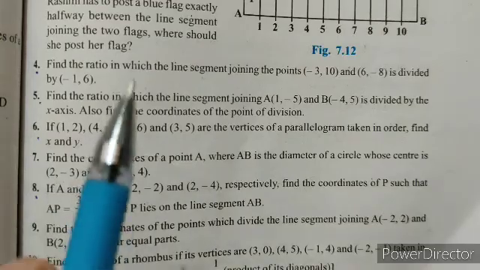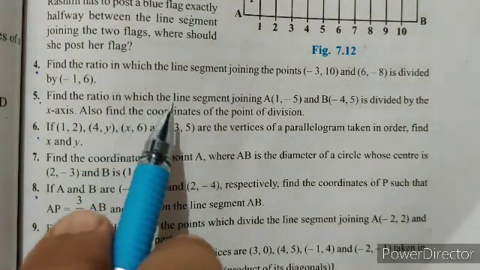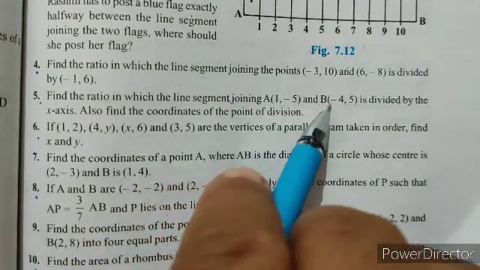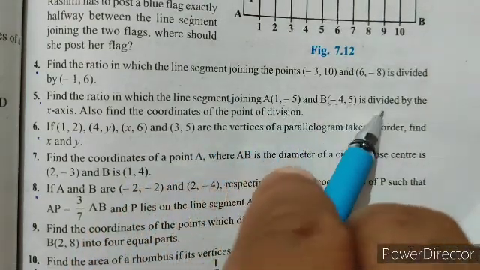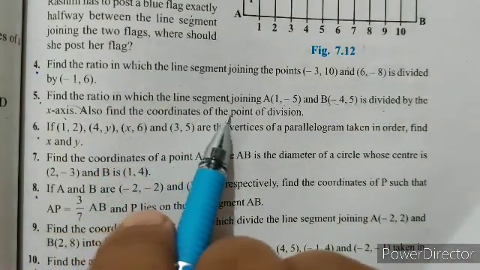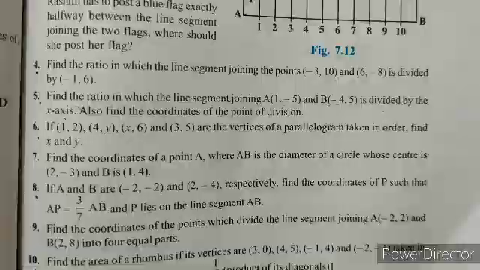In fifth question, find the ratio in which a line segment joining A 1 minus 5 and B minus 4 5 is divided by x-axis. Also find the coordinates of the point of division.